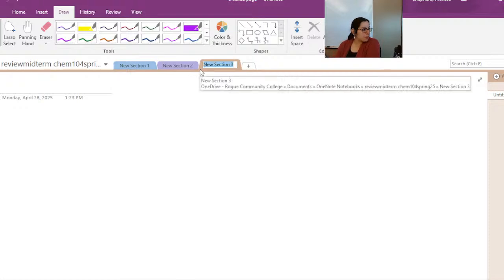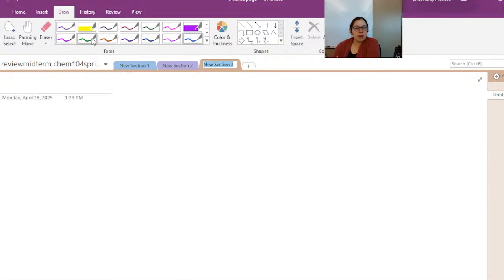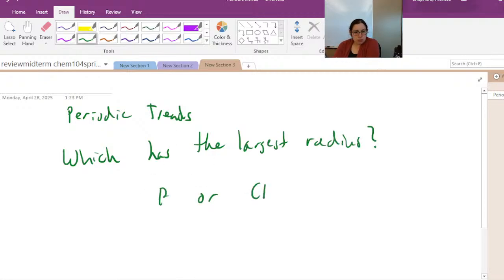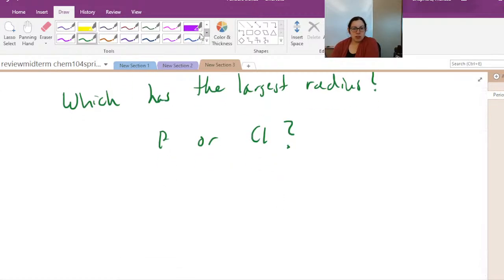All right, so next part will be some periodic trends. So let's just do some practice problems. So which has the largest radius? And then let's go phosphorus or chlorine. And then which has the highest ionization energy?